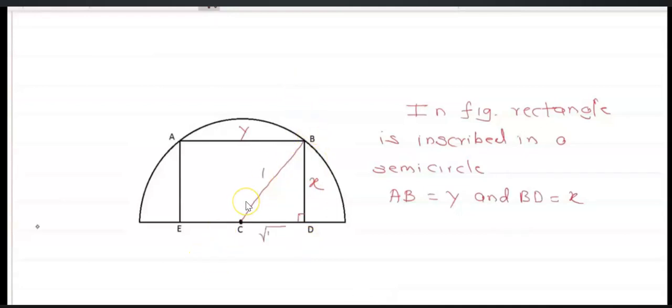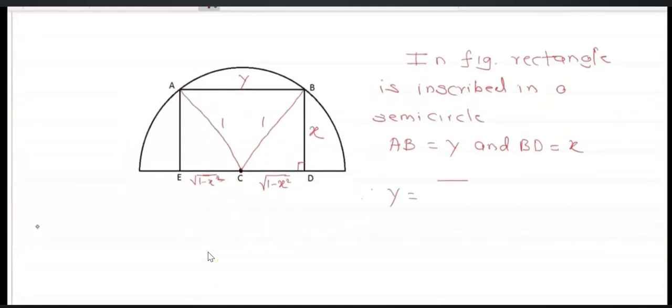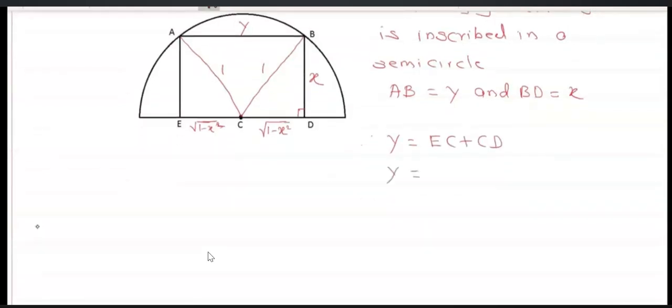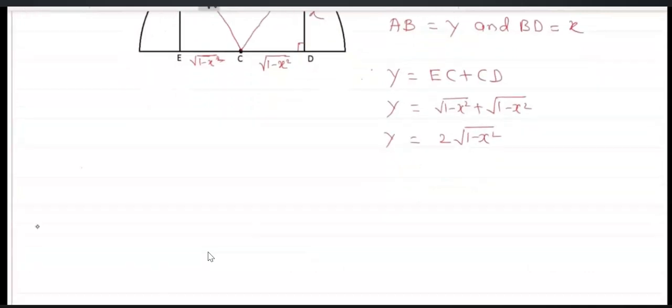The radius is 1 unit and the value of CD is root of 1 minus x square using Pythagoras. Therefore, y is equal to EC plus CD, that is root of 1 minus x square plus root of 1 minus x square. That is, y is equal to 2 times root of 1 minus x square.